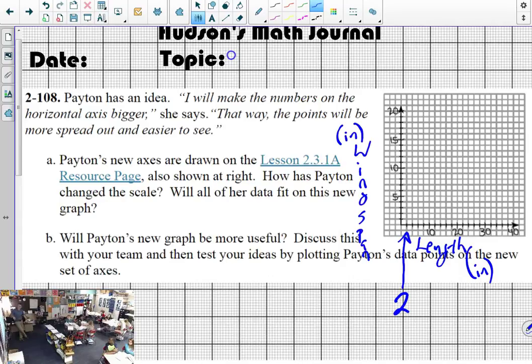So if I try to place 5, 14 on that graph, I go to 5, well 2, 4, I have to go in between, and then 14, I go up 10, 11, 12, 13, 14, I'd be right there. There we go. I'd be 2.5 boxes in, 14 boxes up.